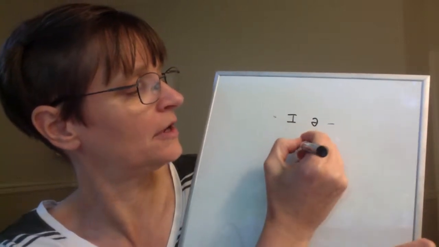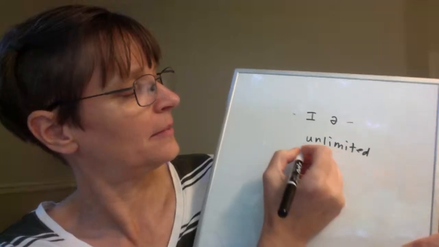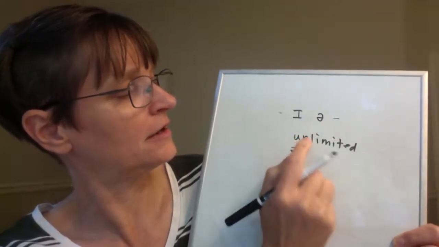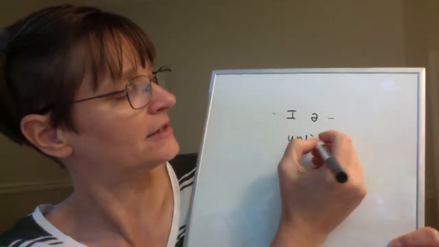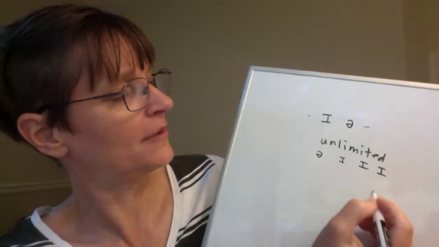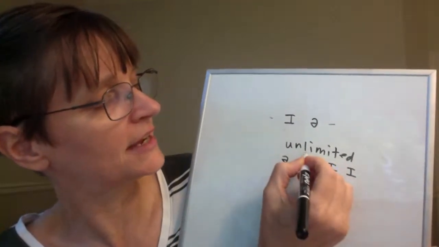So in the word unlimited, we have the schwa vowel for the first syllable, and the I vowel for the rest of the vowels. And unlimited has second syllable stress.